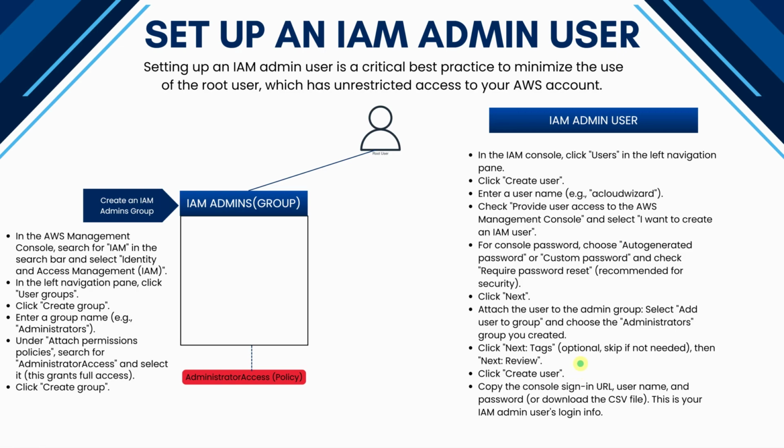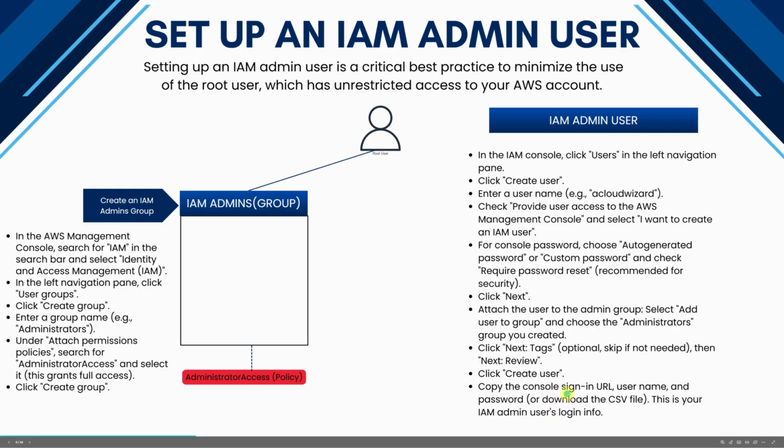And here we are back here and gone through all this. We've created our IAM admin user. And at the bottom here it says copy the console sign-in URL, username and password, or download a CSV file, and that's your admin user's login info. So that's the one now you need to use.